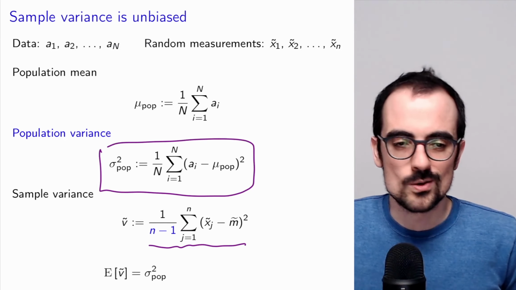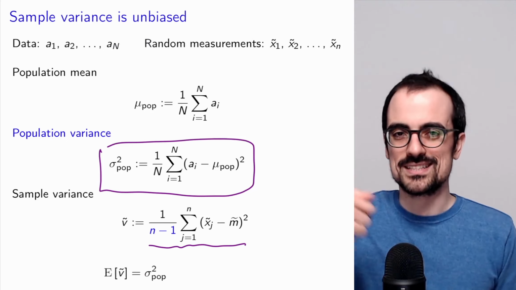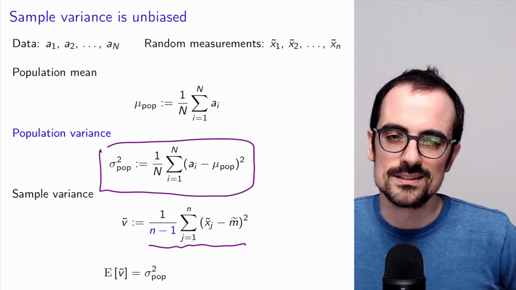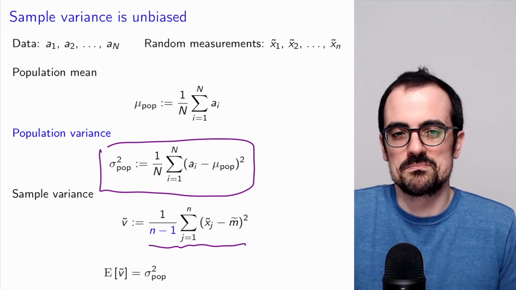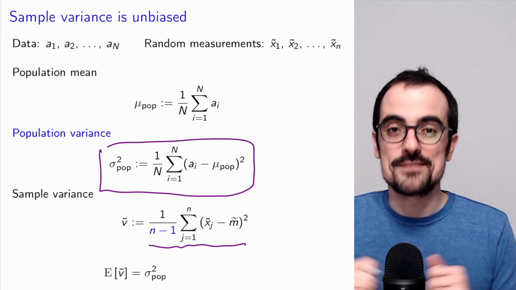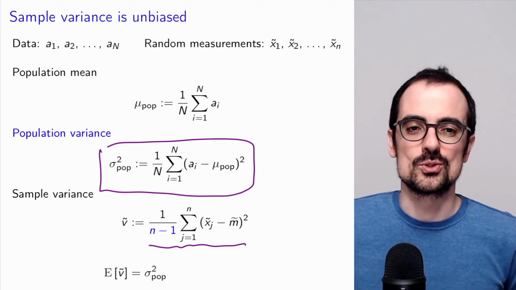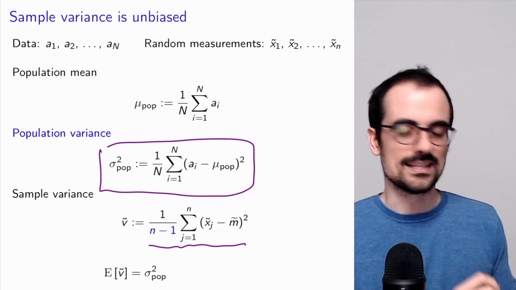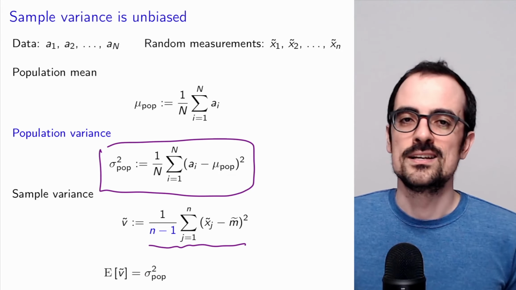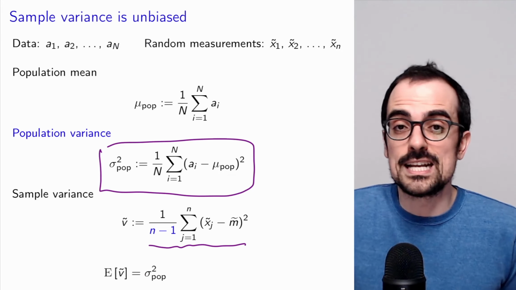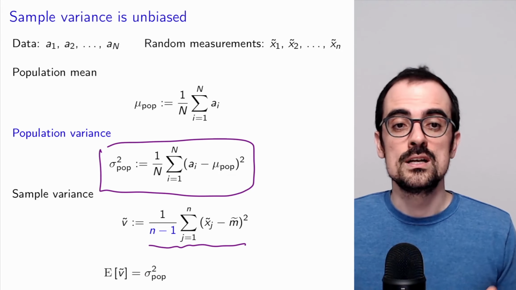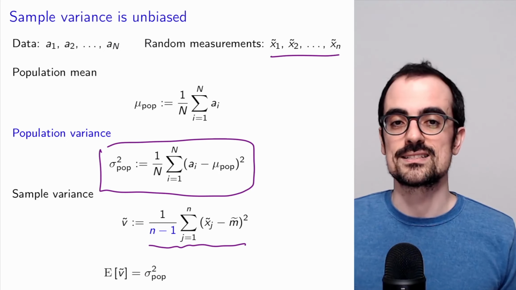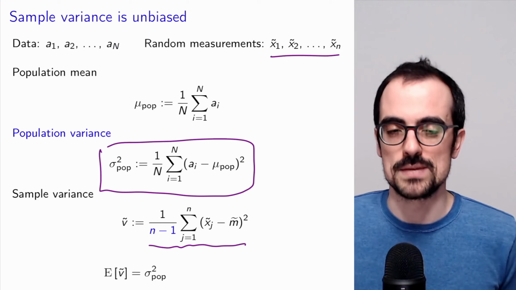You might be wondering, why doesn't Carlos show the whole derivation as usual? Because this derivation is a little bit painful and it's not super insightful. However, I do recommend that you try to do it at home. At the end of the day, it's just applying linearity of expectation over and over and using our assumptions about the random measurements, these independence assumptions and the fact that they all have the same PMF.